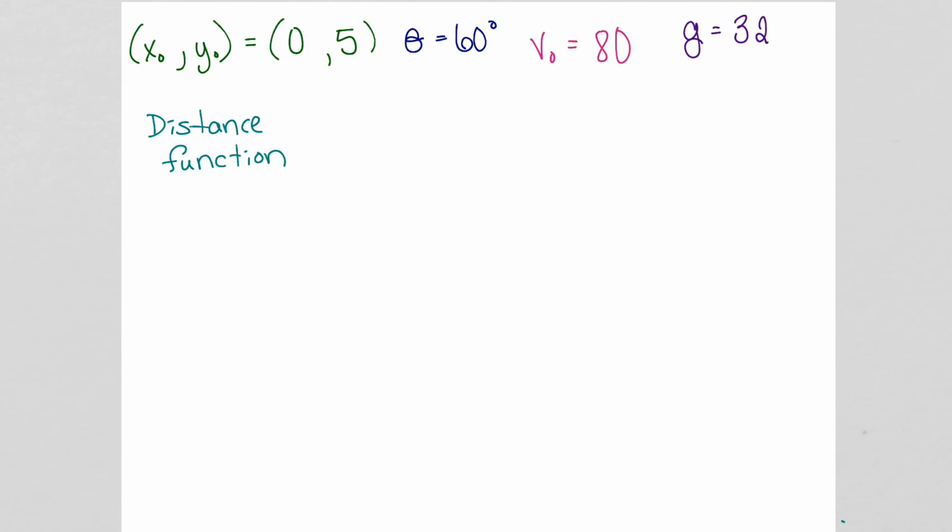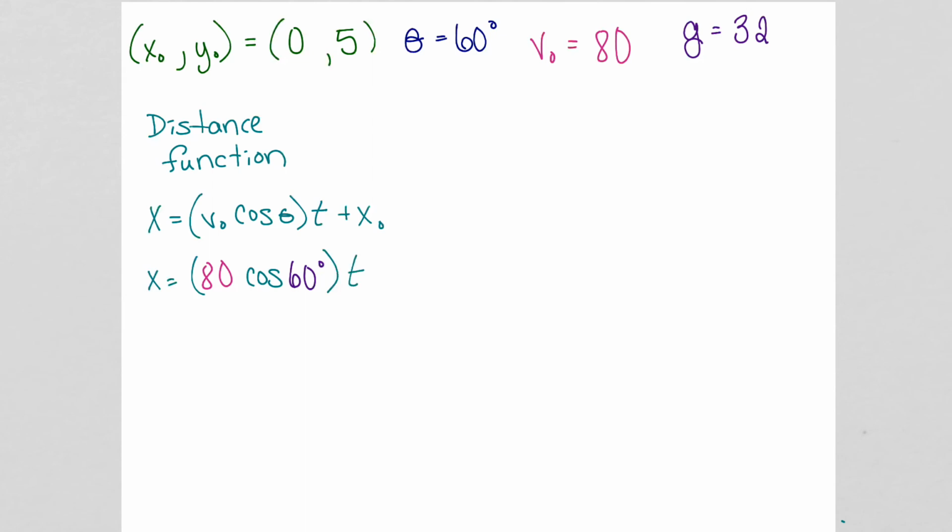And our distance function is defined by x equals v naught cosine theta times t plus x naught. So we're just going to plug in. V naught is 80. We've got cosine of theta, which was 60 degrees.